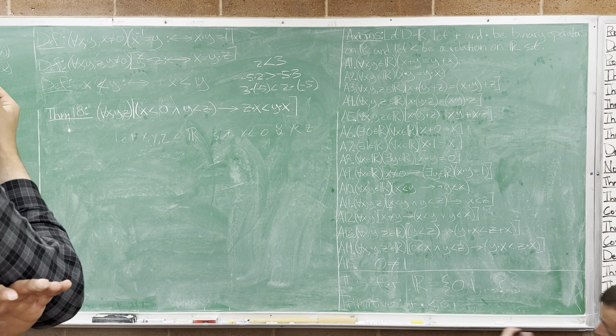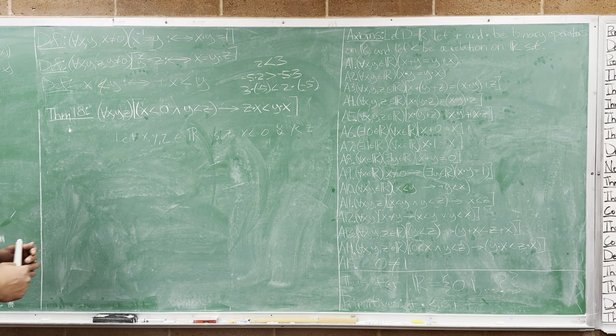It's the only way we're going to be able to manipulate it. But x is less than 0. We need a number greater than 0. Do I come up with another symbol in this circumstance?